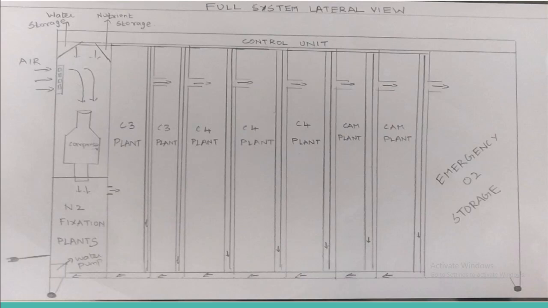After this process, the air passes to the C3 and the other subsequent containers. These plants help in the process of photosynthesis and increase the oxygen present inside the container, and finally it reaches the emergency storage where the enriched oxygen is stored and can be used for the patients.